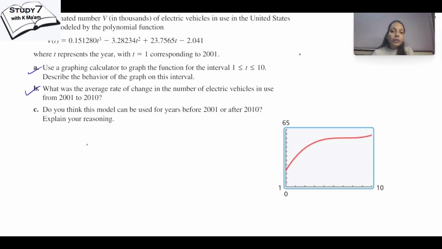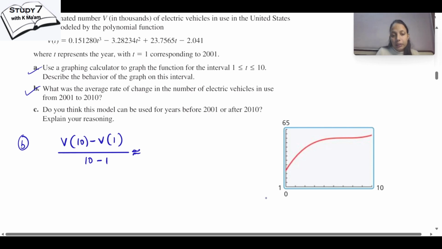If 2001 is considered as t = 1, then 2010 will be t = 10. I have to calculate the average rate of change: V at the final point minus V at the initial point, over the total interval.